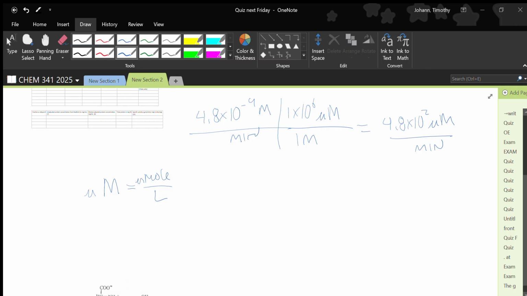So to make it micro, I'd be multiplying times a million. Then what we need to do here is multiply times the volume, right? Okay, so let's go ahead and do that. If we multiply by the volume, then we end up with 4.8 times 10 to the 2 micromolar, which is going to be micromoles over liters.